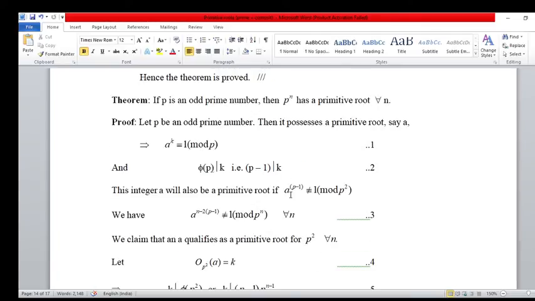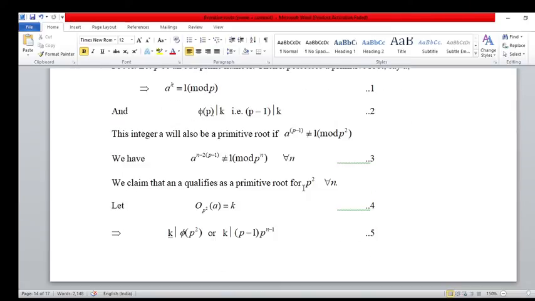And here the condition given is a raised to the power p minus 1 is not congruent to 1 mod p square, so this is not equal to 1 mod p raised to the power n for all n. And we claim that a is a primitive root for p square.